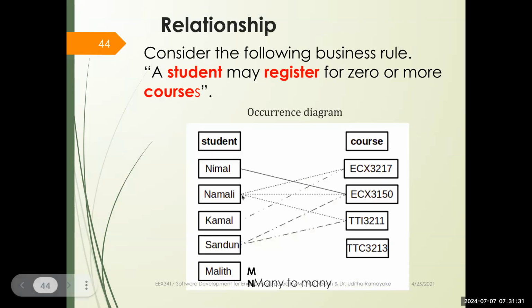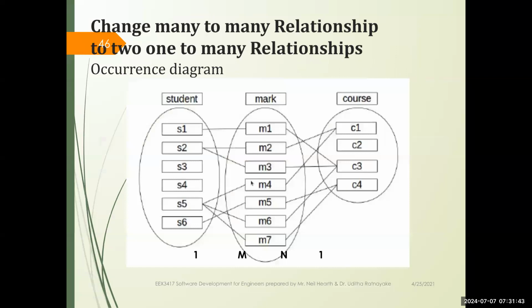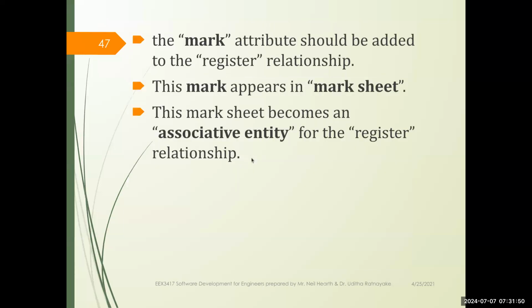Here on both sides, one-to-many, one-to-many. Both sides. So many-to-many becomes one-to-many. The mark attribute should be added to the register relationship. This mark appears in the mark sheet.